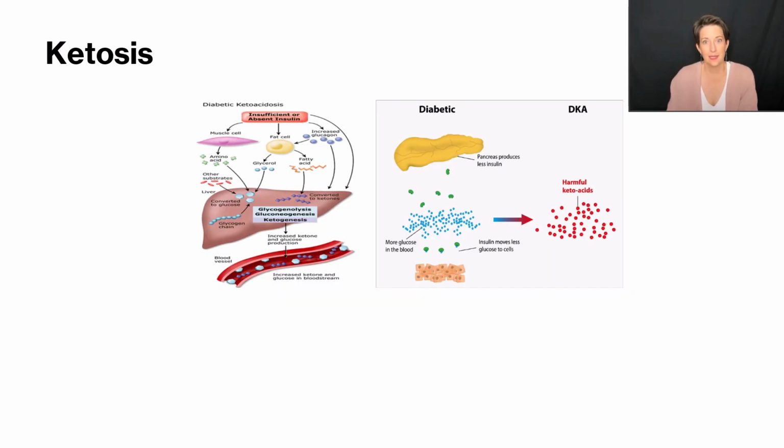All right, let's talk about the downside of our ketone bodies. So really looking at diabetes and the issues we have with our insulin, kind of tying it all together. So ketone body production is very closely related to the concentrations of insulin and glucagon within our bloodstream.